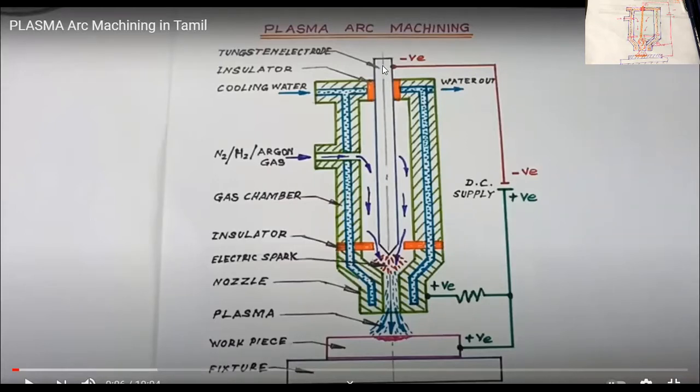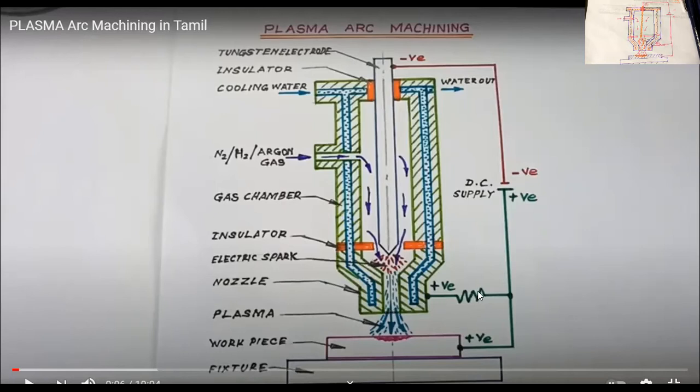That's why a negative supply is connected with it. And the positive terminal you can see is connected with this part as well as this part.